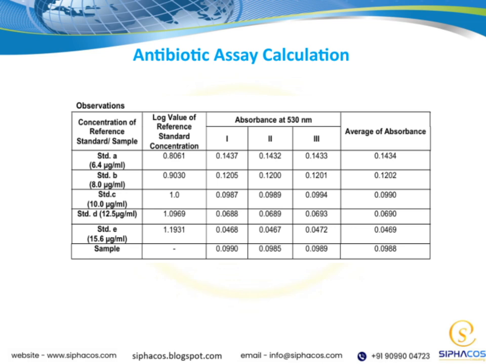We need to accurately measure these responses and then apply the appropriate mathematical formulas to find the concentration or activity level. It's important to remember that these calculations help us compare different samples and ensure consistency and quality. Connecting this to our overall theme, the assay calculation is fundamental in validating the effectiveness of our antibiotics before they reach the market. So, mastering this calculation ensures reliability and confidence in our results.